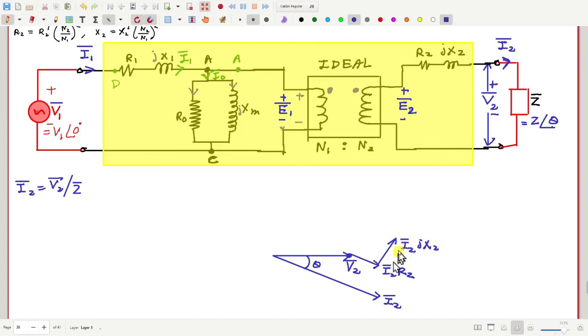Although I am drawing it quite large, practically this will be very small, maybe at max about 5% of V2. But here for clarity I am drawing it larger. Now if I add V2 and these two voltage drops, what will I get? I get E2.